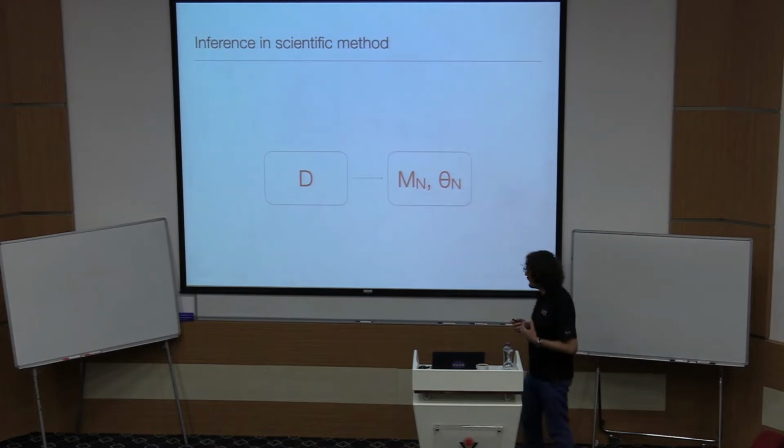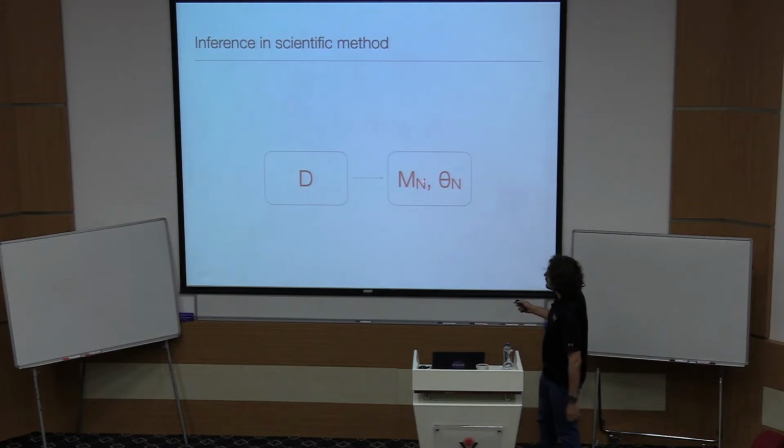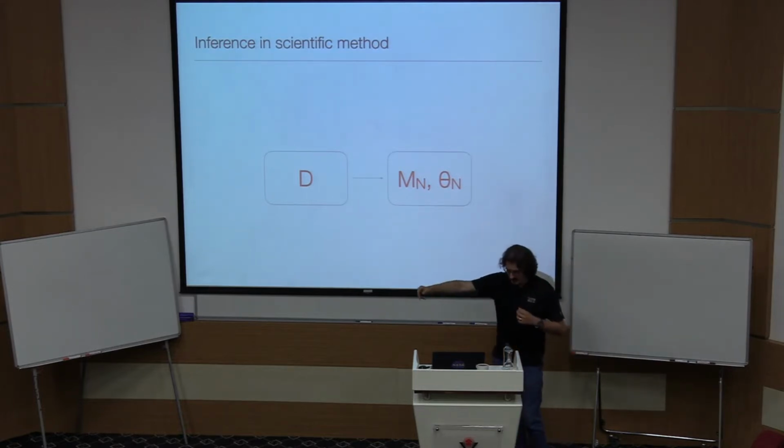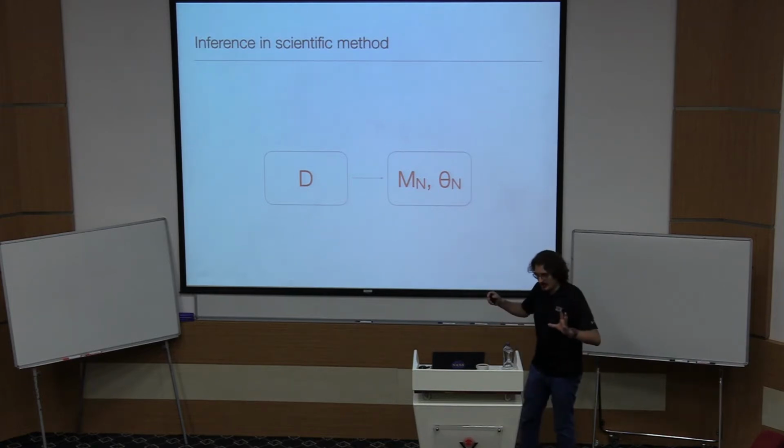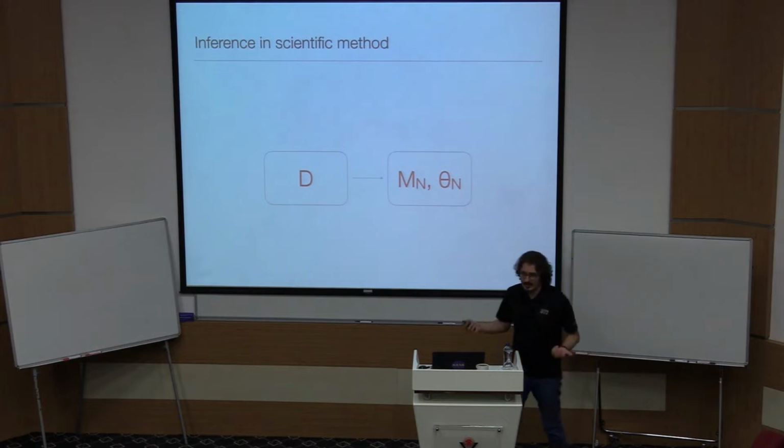That is the key point here, because when you have a model, you have a bunch of free parameters, and the number of free parameters is a very important concept in what I will be discussing. So I will denote it with m sub n, and theta sub n will be the relevant parameter vector. So given a model, you are in an n-dimensional space, and theta sub n is essentially a vector in that space.